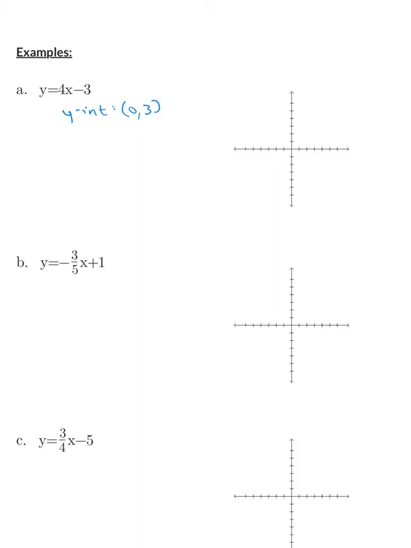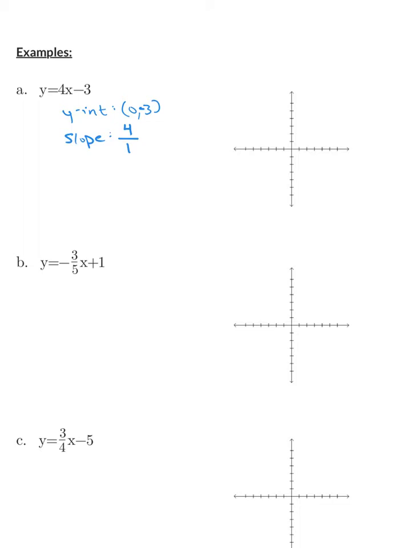If you were to put 0 in for x, my x term would go away, leaving me with just -3. My slope is 4, but I do want to write it as a fraction. This is equal to 4 over 1.